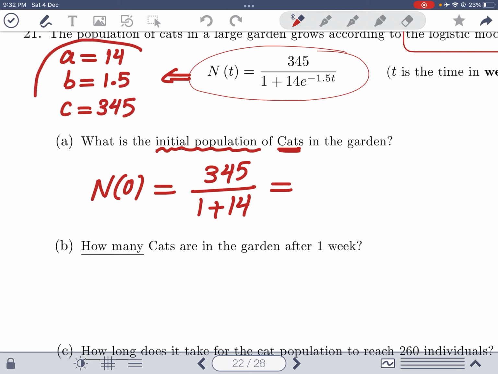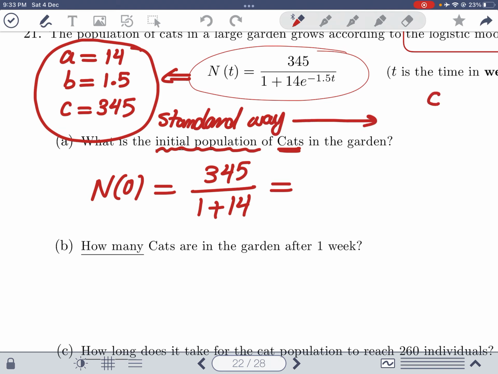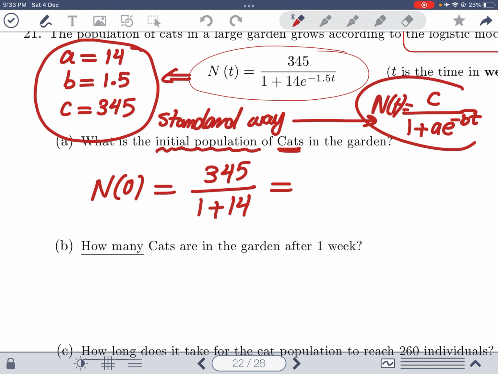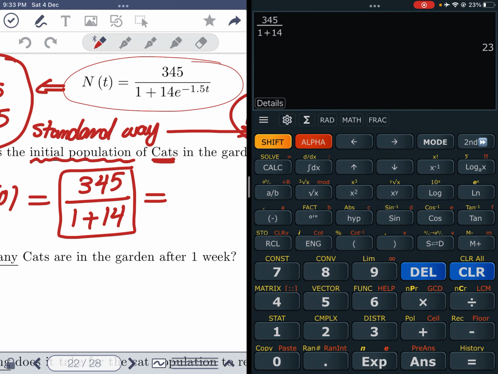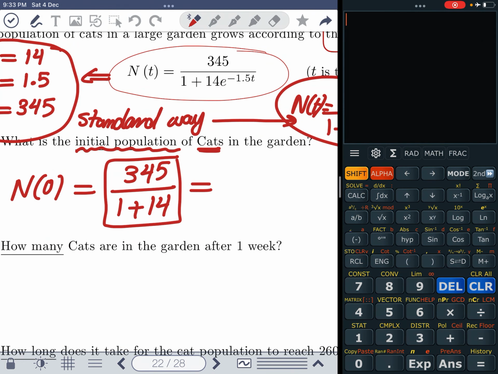This is if we write it in our standard way. The standard way of writing the logistic function n of t is C over 1 plus A e to the minus bt. Now you find this number on your calculator: 345 over 1 plus 14 equals 23 cats initially.